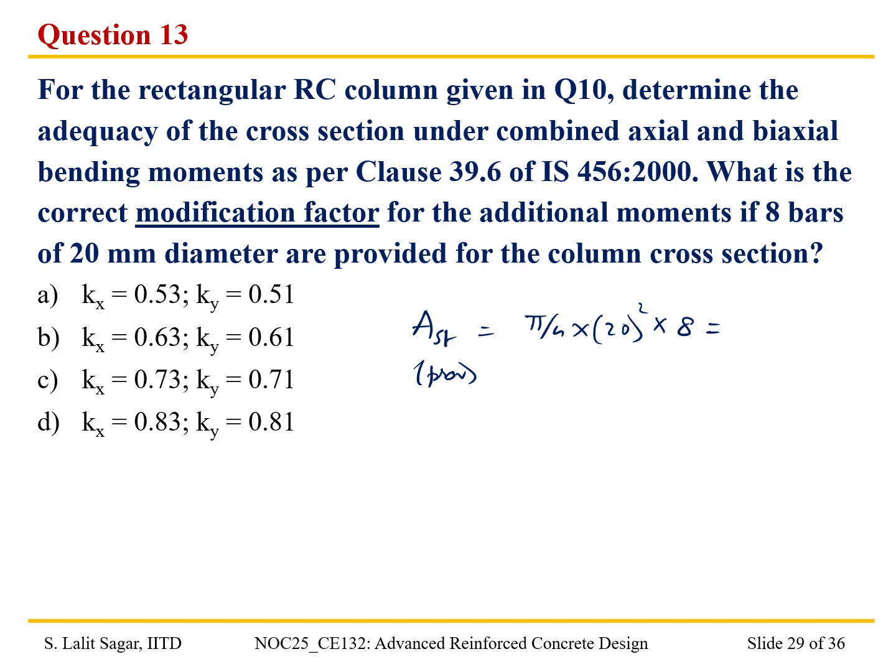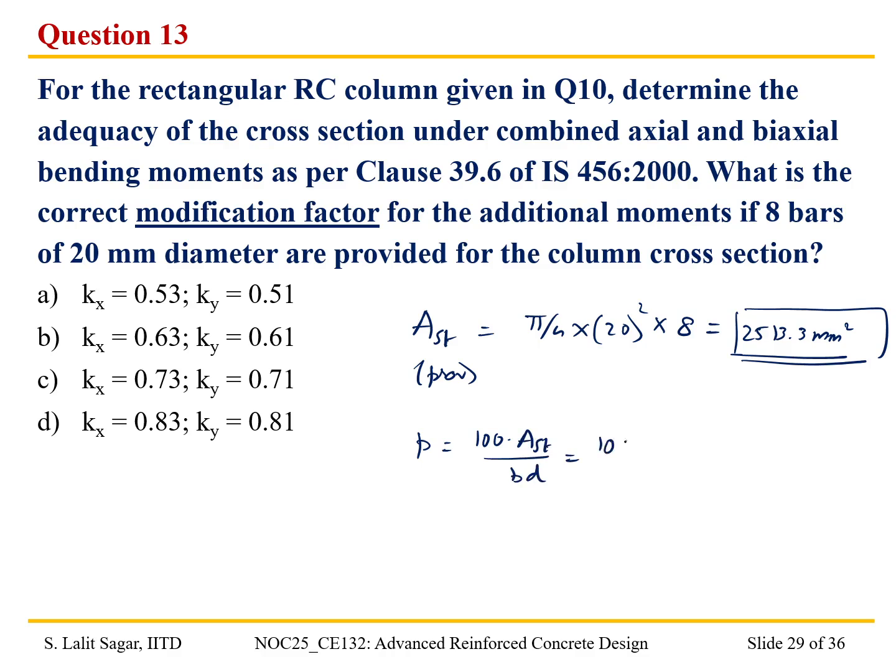Okay, let us find out what is the area of field corresponding to that. 2513 mm square, right? That is 2513.3 mm square. So what is the percentage of steel? P is equal to 100 into AST by BD.